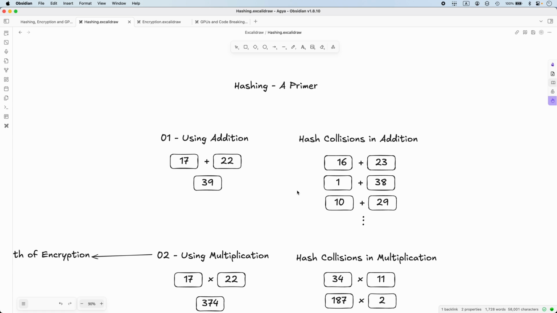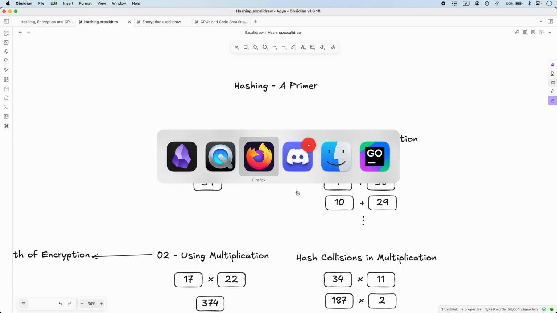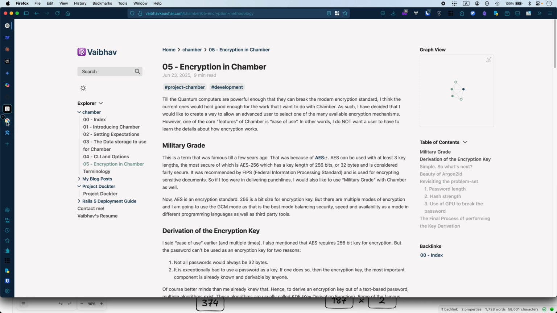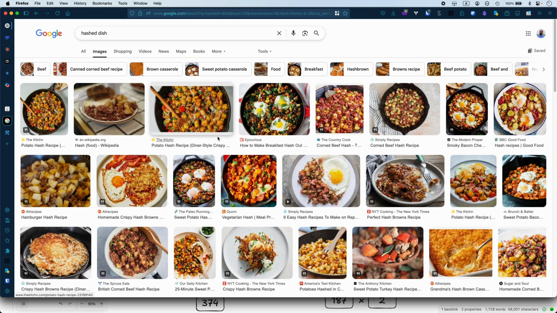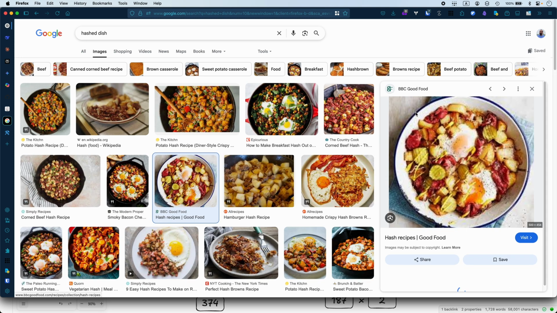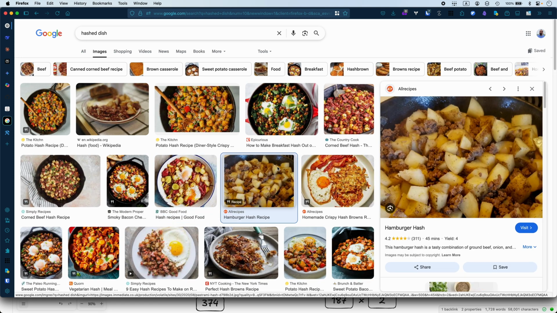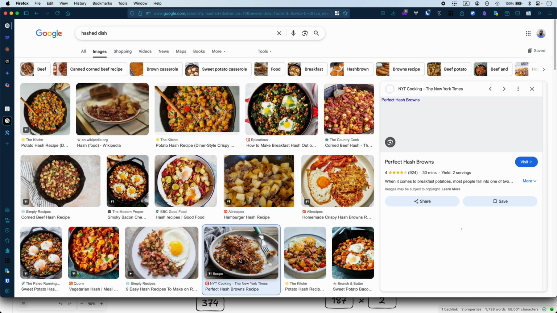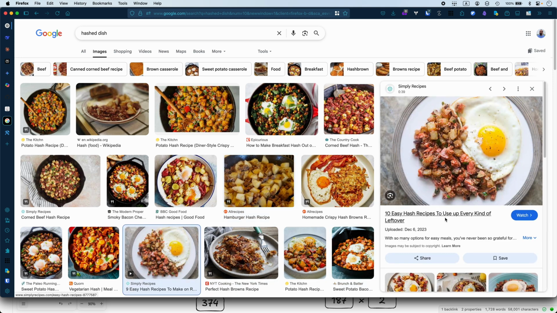Now, when we talk about hashing, we have to know what hash is. So if I go back and I think I searched, yeah. So this is an example of hashed dish. What do you see in every image? It's a mixture of some kind of stuff, right?